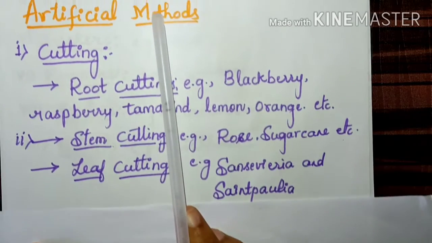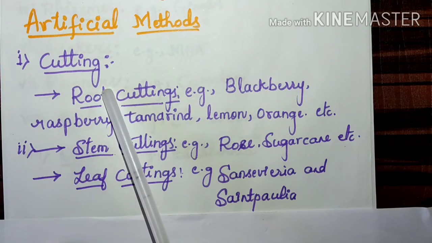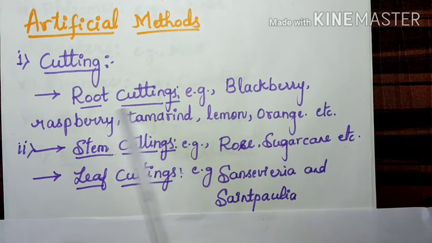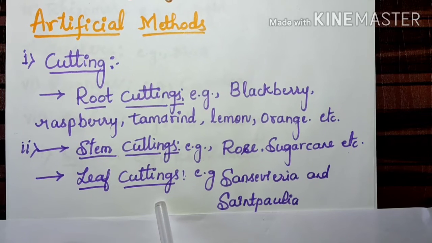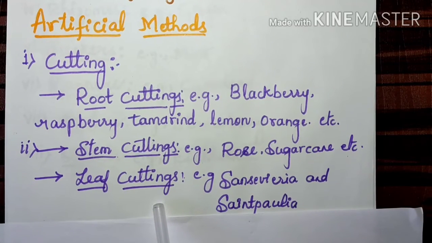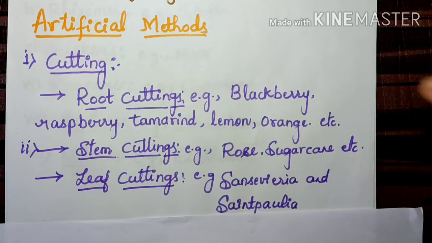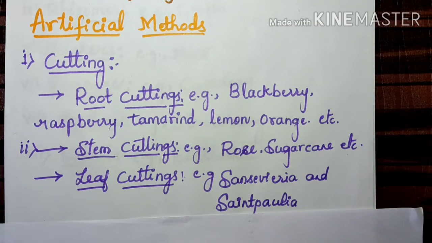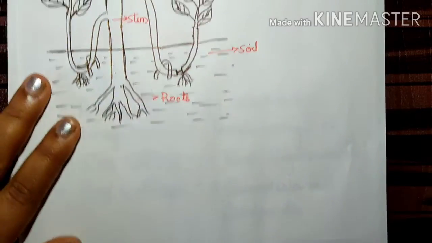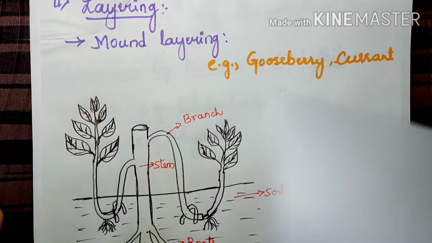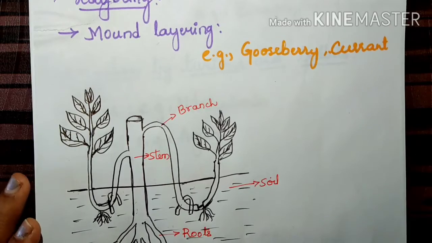In the artificial methods, the first type is cutting: we can use root cuttings, stem cuttings and even leaf cuttings to propagate plants. Next we are going to study the second type of artificial vegetative propagation, which is layering.